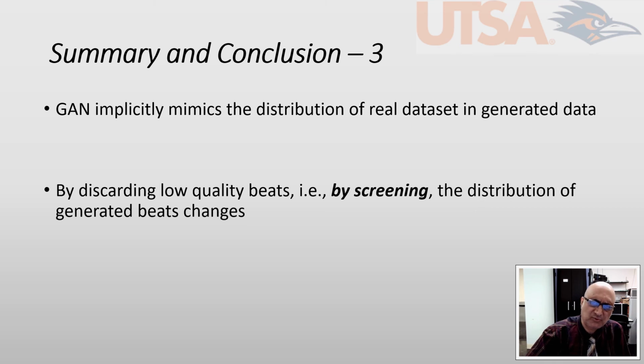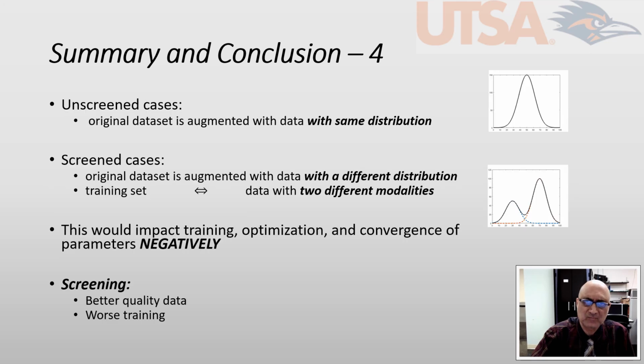There is an interesting point here that I would like to mention and highlight. When we discard the low quality bits in screened cases, we actually change the distribution of the generated data sets. In the unscreened, raw data set, the augmented data set is actually composed of data with all the same distribution, while in the screened data we add a data set with a different distribution to the original data set.